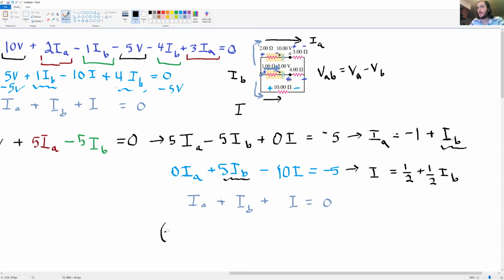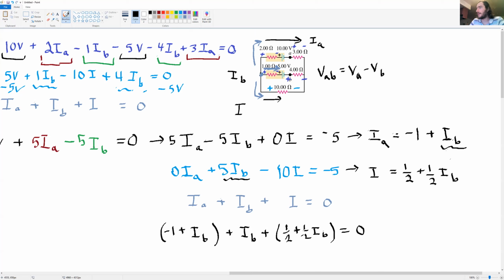So we have -1 plus IB plus IB, doesn't change. And then I is 1/2 plus 1/2 IB, and then this should be equal to 0. Seems like my mouse is giving me a lot of trouble again.